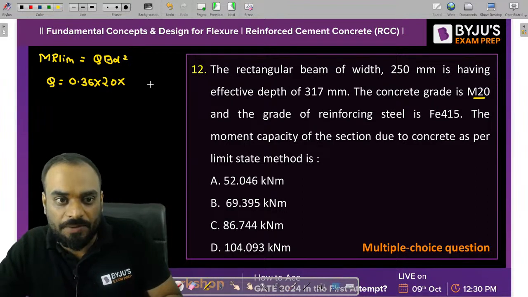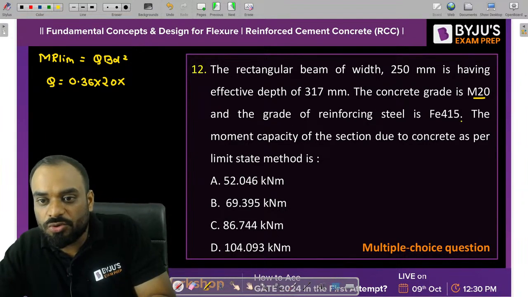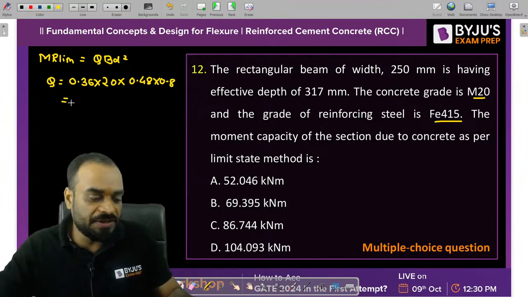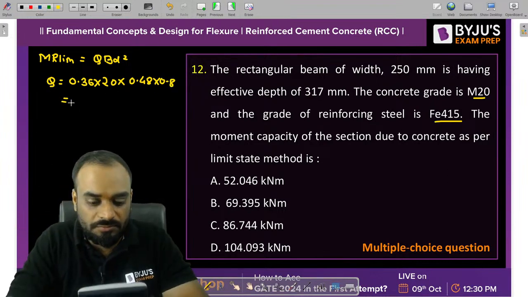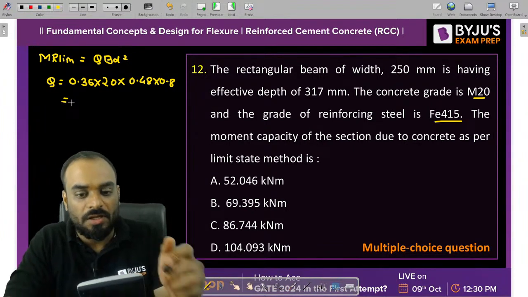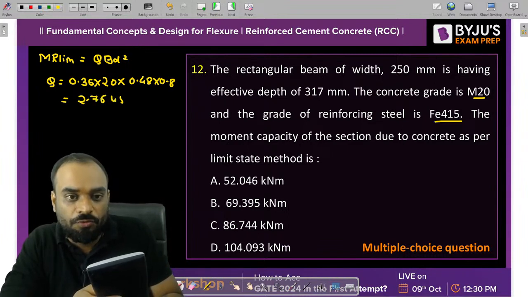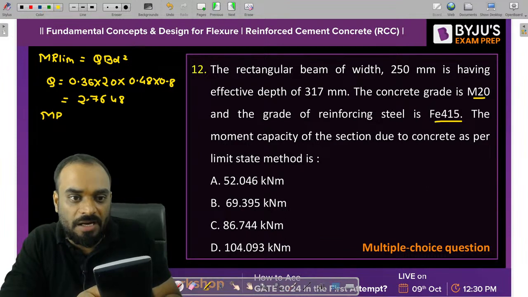K is equal to how much? You know that for 415 it is 0.48 and j value is 0.8. So we can calculate the value of Q easily. It is coming around 2.7648.